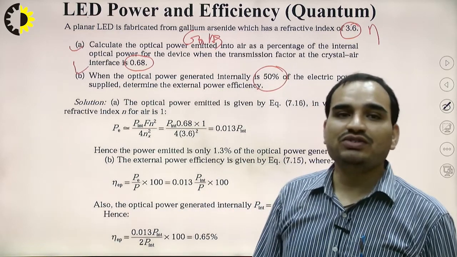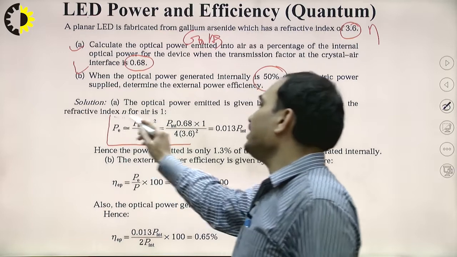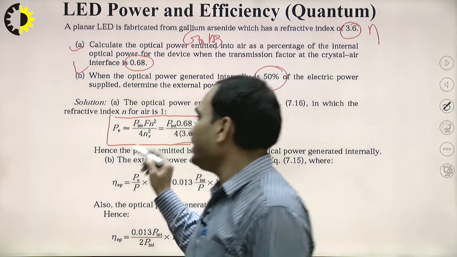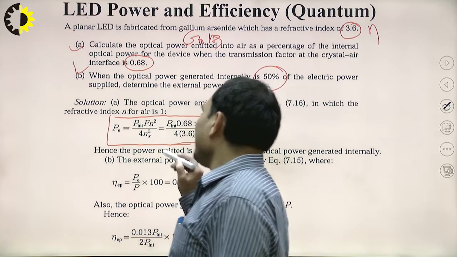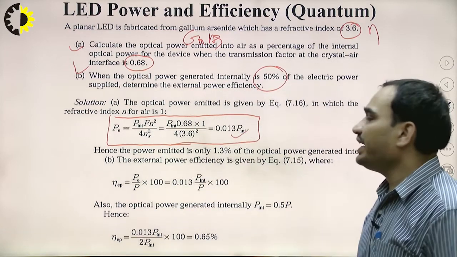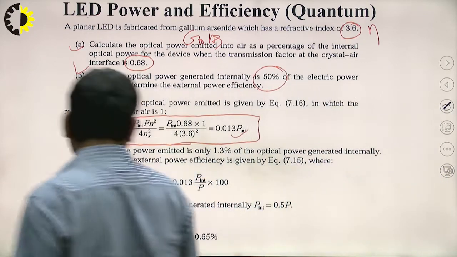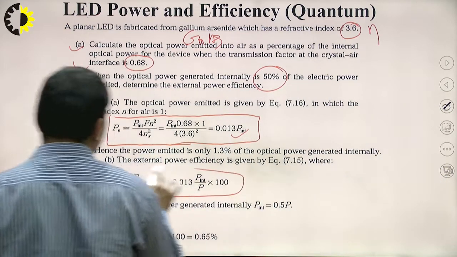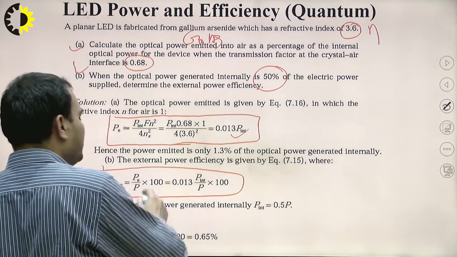Solving the first part, we have the formula: the external power is given by the internal power multiplied by the transmission factor and N squared, the refractive index, divided by 4 times Nx squared. Substituting the values, we are getting 0.013 times the internal power. The external power efficiency can be calculated using the formula, the power emitted divided by the total power of the device multiplied by 100.